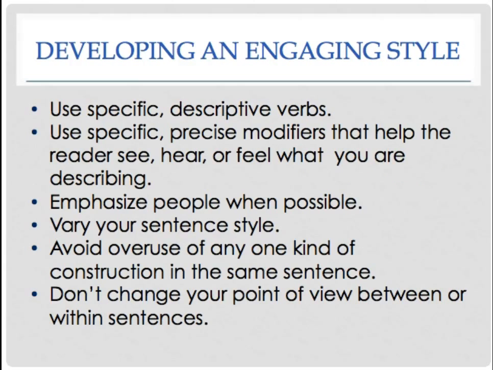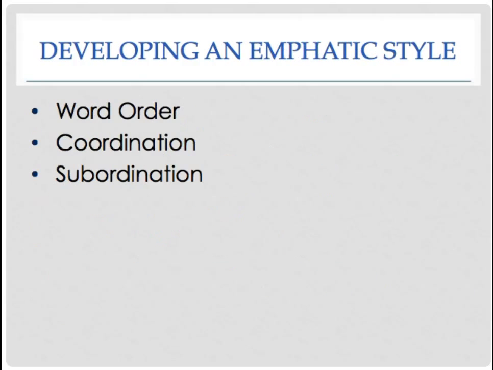To develop an engaging style, you want to use specific descriptive verbs, specific precise modifiers that help the reader see, hear, or feel what you are describing, emphasize people when possible, vary your sentence style, avoid overusing any one kind of construction in the same sentence, don't change your point of view between or within sentences, and then develop your emphatic style with word order, coordination, and subordination. Hope this helps.